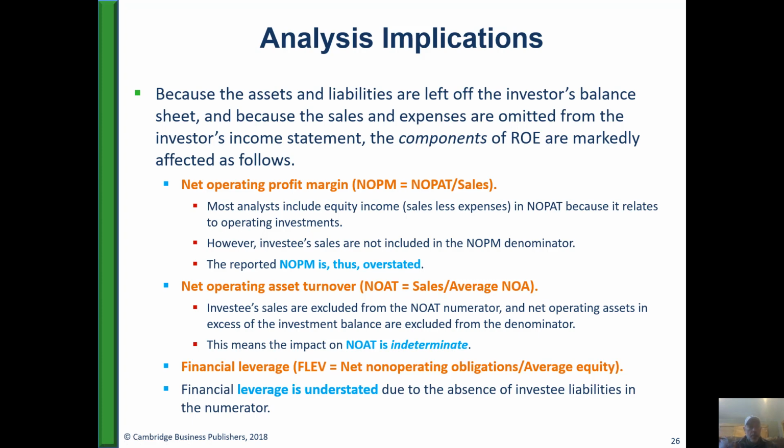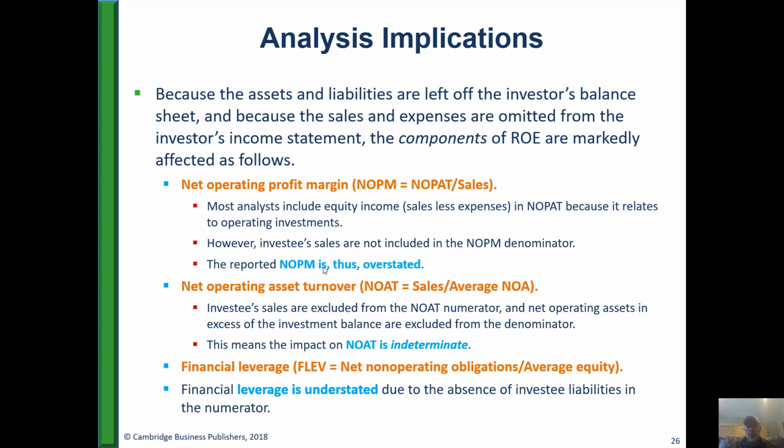But as you can see here in the second bullet point, if the investee's sales are not included in the net operating profit margin denominator, then net operating profit margin will be overstated because we have excluded those. So if the equity method of accounting is significant to your company, you need to think about tweaking that formula or making an adjustment.